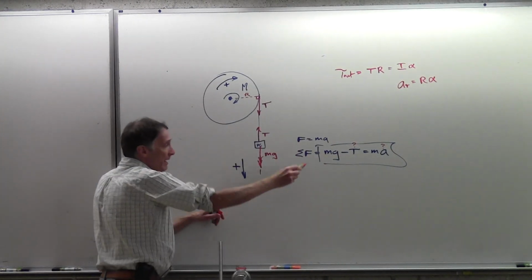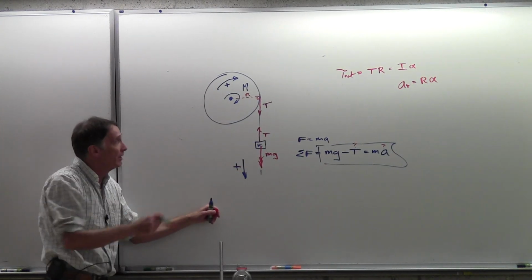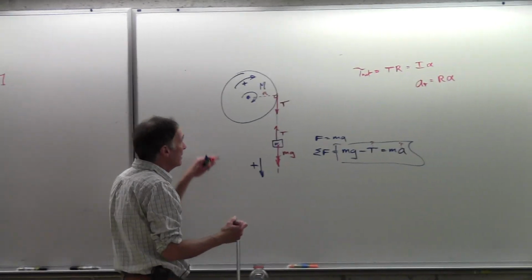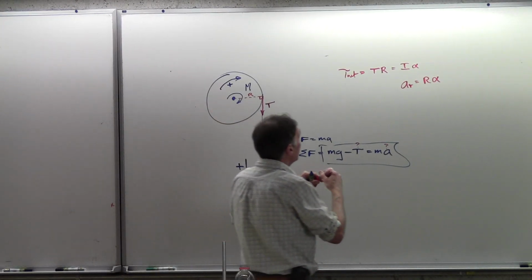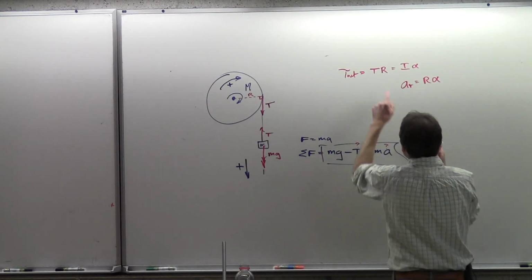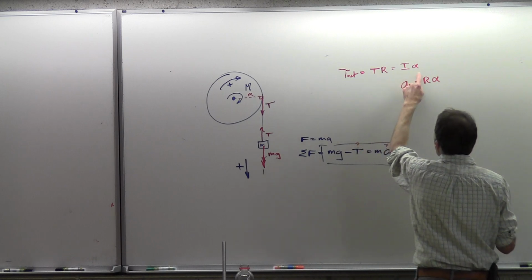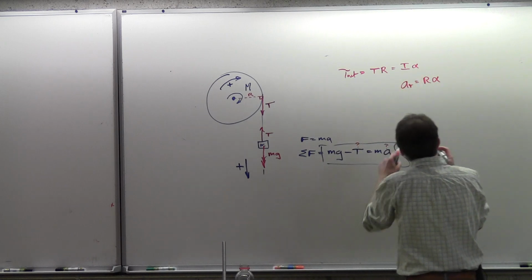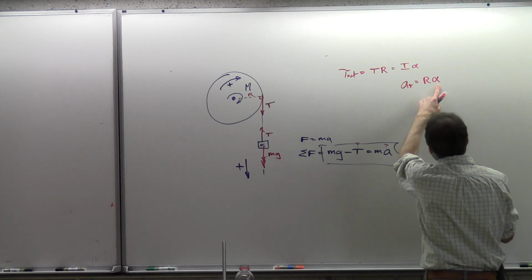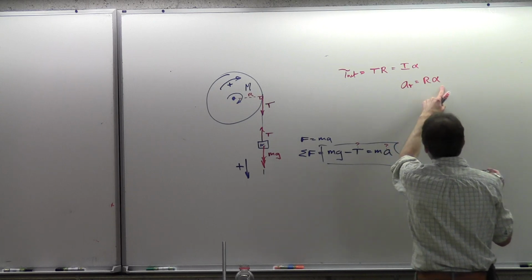All of this was based on this little block that's here. If I want to focus on this thing, this is where I want to again go to torque equals I alpha. The tangential acceleration is equal to r alpha.